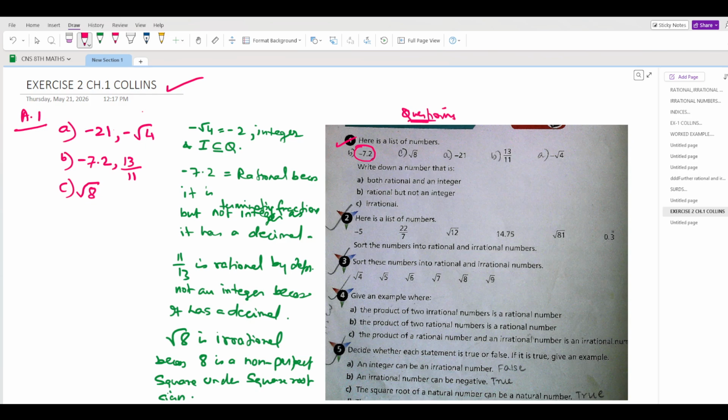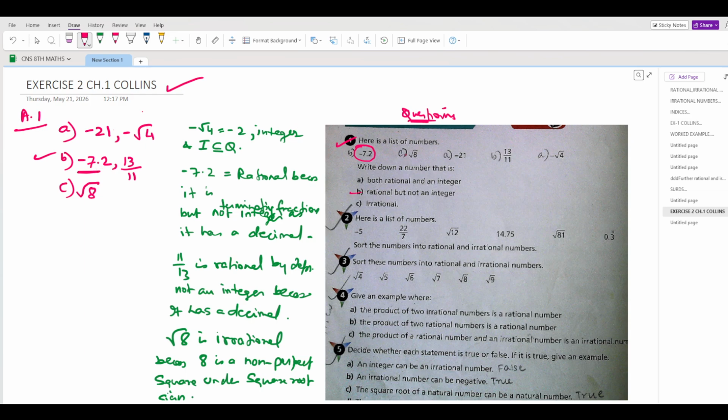And it is a rational number, because it is a terminating fraction, 7.2, with a negative sign. So minus 7.2 will come in the category of rational number but not integer. Rational but not integer is this B, right? So in the B category, I have put minus 7.2.